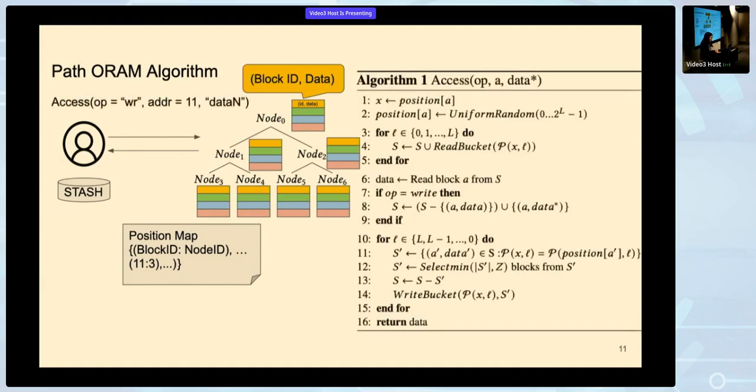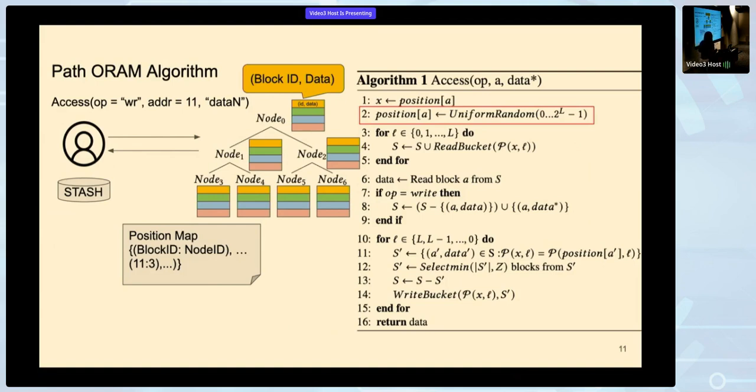Here's the algorithm. Let me walk you through the algorithm with a concrete example. Imagine that the user wants to do a write operation at address 11 with some new data that I call data n. Imagine first it maps to node 3 somewhere in the tree. Here we uniformly randomly assign a new node to this position, or remap this block to a new node.